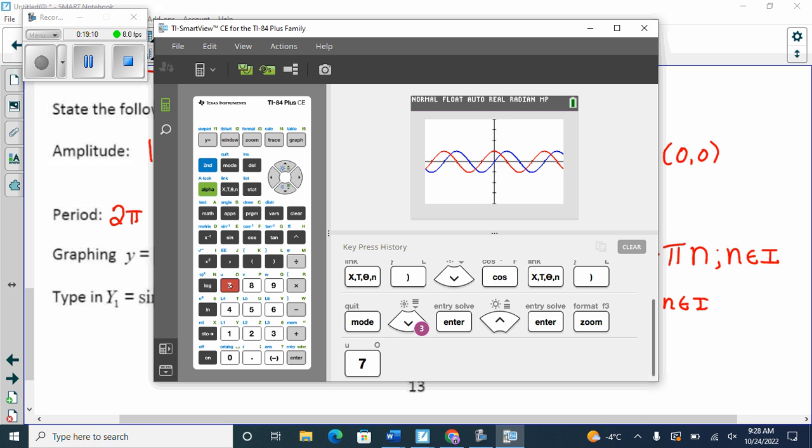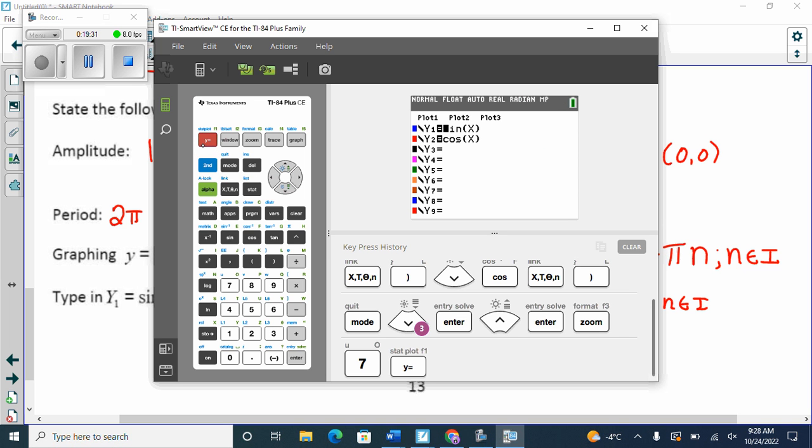Okay, for our welfare, the blue is the sine x, the red is the cos x. Remember I told you that if you have two graphs and you don't have color, I always make my y2 be the thicker one, because once they're drawn, you don't really know which one's which anymore, right? And in this case, they for sure look the same. So I always go over to the line where the red is and click it once, and then it would be thicker.